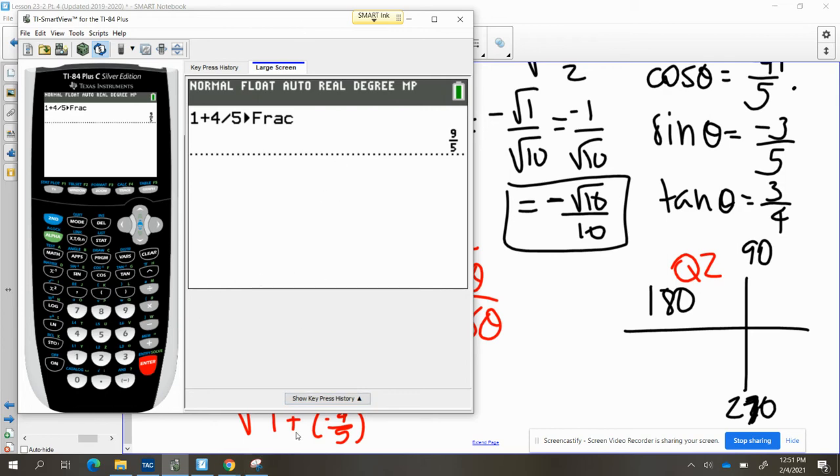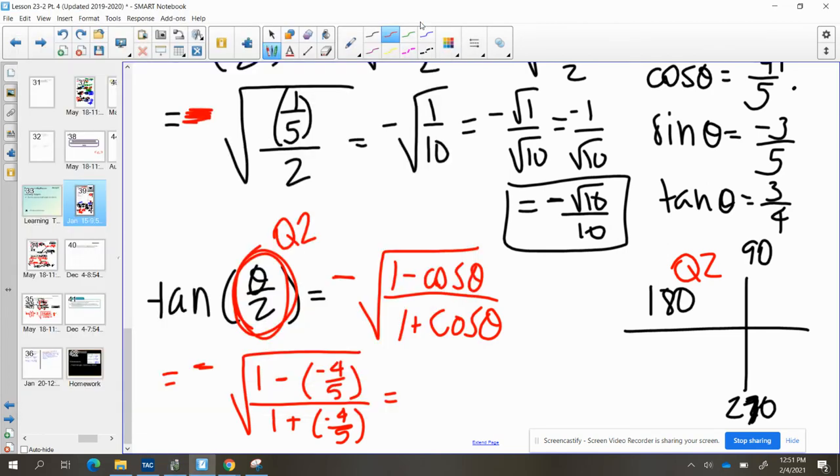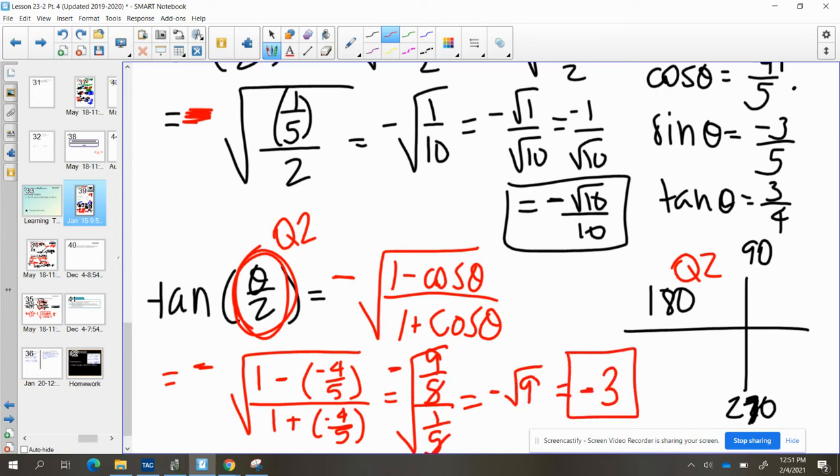And then in the denominator, 1 plus negative 4/5 really turns into 1 minus 4/5, which is 1/5. So 9/5 divided by 1/5 can all be square rooted. These cancel, and we're left with just negative square root 9, which is negative 3.